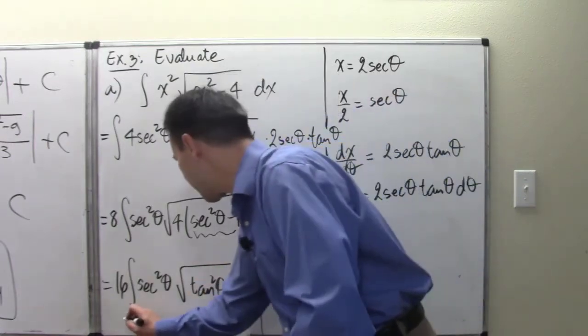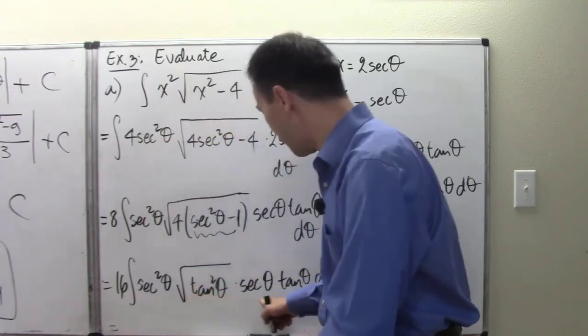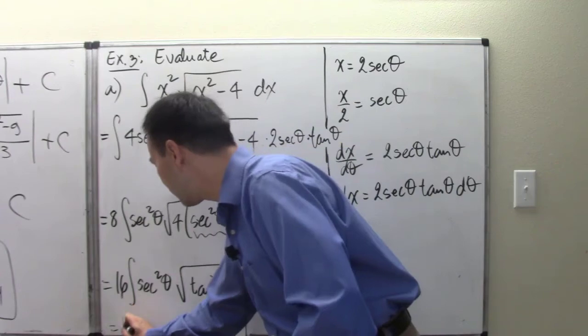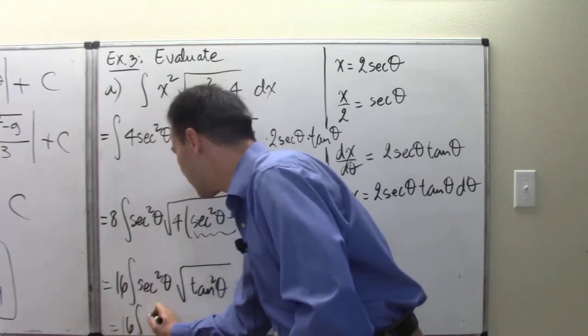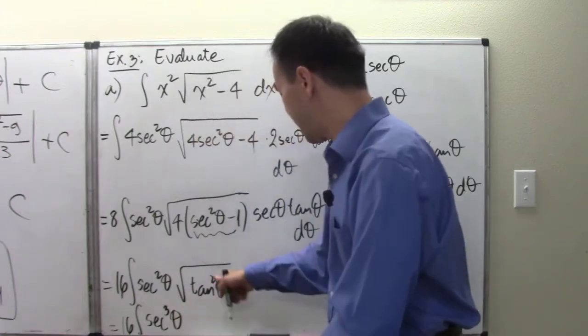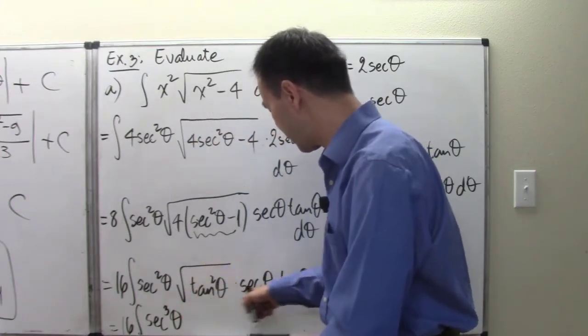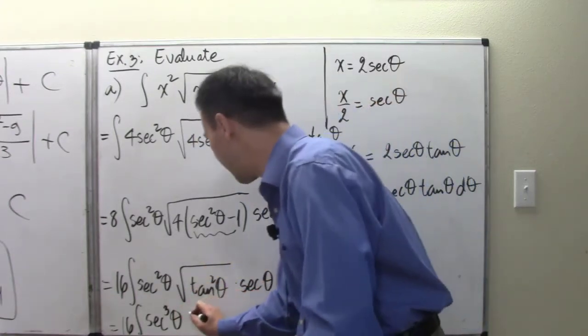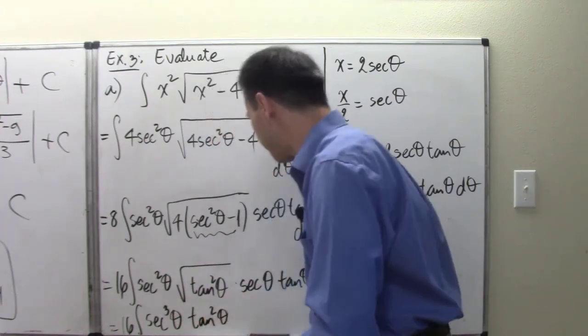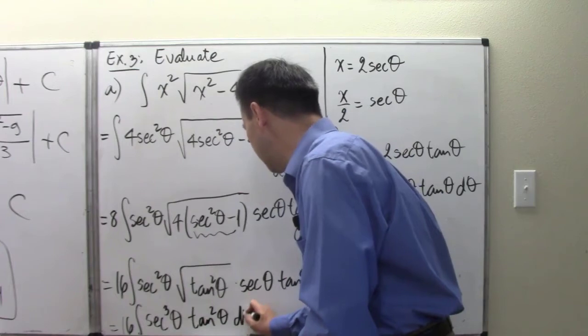So in my next step, really, and by the way, secant square times secant is a secant cube. So here I'm looking at 16, okay, integral of secant cube theta. And then tangent square after square root is a tangent, and multiply with another tangent here. We have secant cube of theta times tangent square of theta. All right, and then d theta.